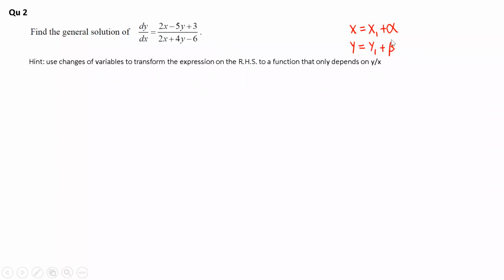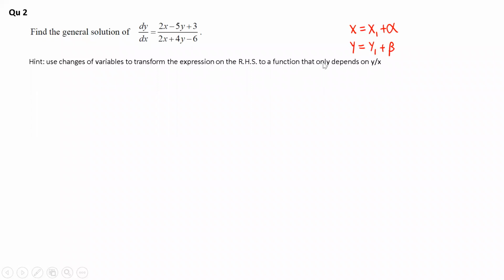We'll try to put these new variables in and see what alpha and what beta we need to make this 3 and this 6 go away. Even after you make this variable change, the left-hand side you don't need to do anything with, right?